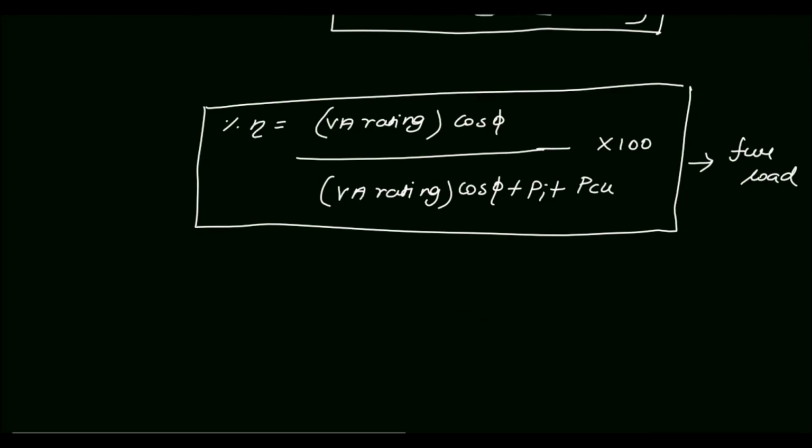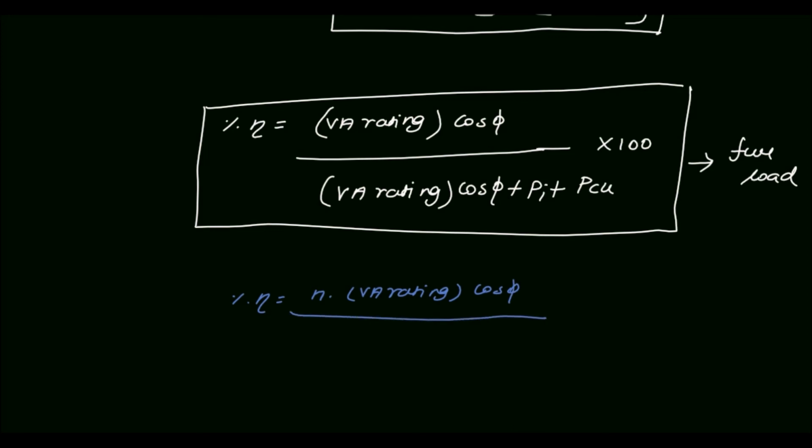For fractional load, we have to modify this expression. The percentage efficiency is equal to, since the power output will be reduced by a factor of n, n into VA rating into cos phi, divided by n into VA rating into cos phi plus iron loss.